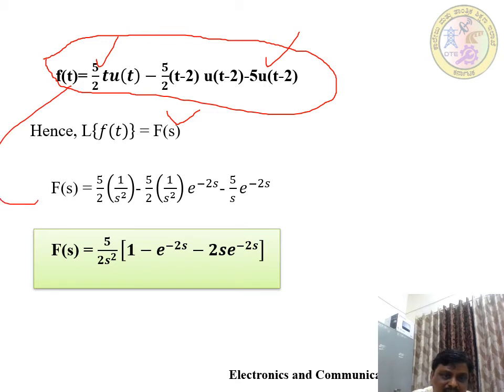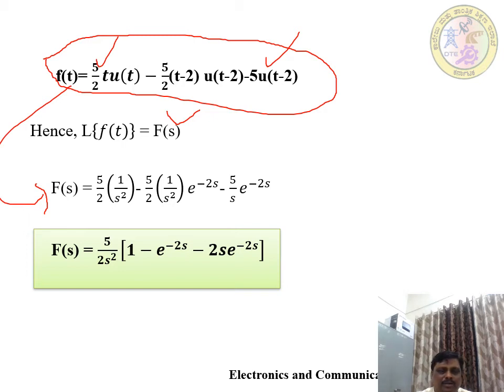Therefore, for this, take the LT. If I take the LT for this, we'll get f of s as 5 by 2 into 1 by s square, that is the ramp function, minus 5 by 2 into 1 by s square, the ramp function delayed by 2, e to the power of minus 2s, minus 5 by s e to the power of minus 2s.